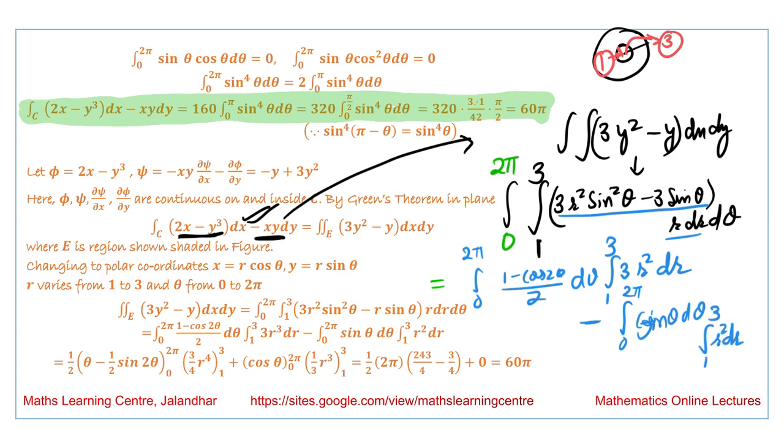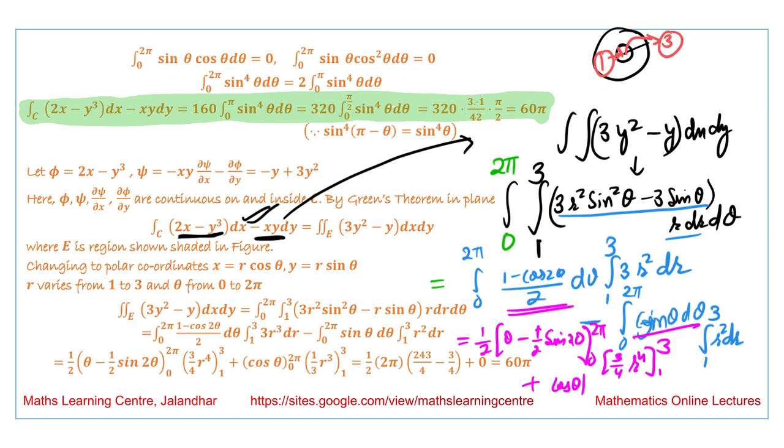Now when you evaluate these values, the answer you get is 1 by 2 into, on substituting the limits, theta minus 1 by 2 sin 2 theta, with limit 0 to 2 pi, then 3 by 4 r raised to the power 4, with limit 1 to 3, then the integral of the next term, cos theta, with limit 0 to 2 pi, then 1 by 3 r cubed, with limit 1 to 3.